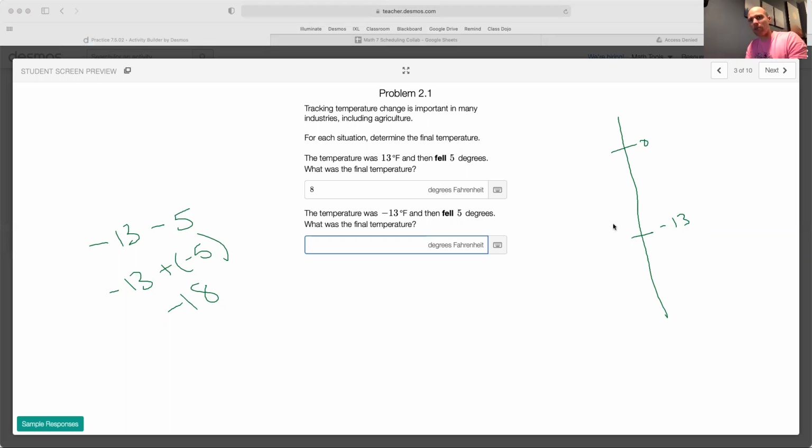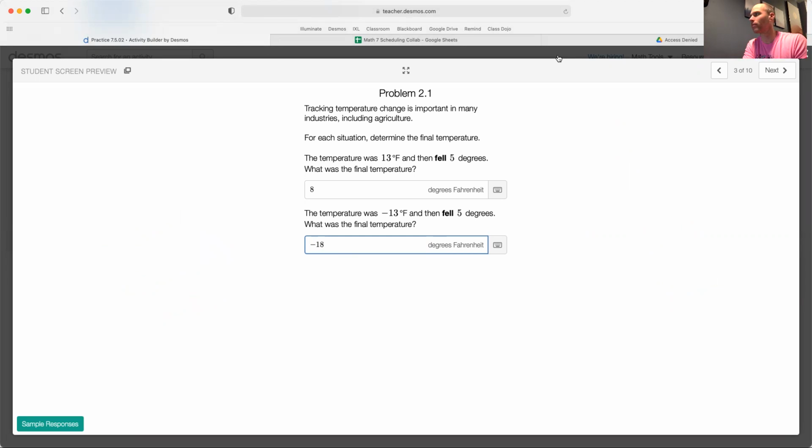If you're going to fall 5 more degrees, you should be going -14, -15, -16, -17, -18, right? It doesn't make sense to start going up towards 0 if it's telling you the temperature is falling. So the answer here is going to be -18. All right, and let's move on to the next one.